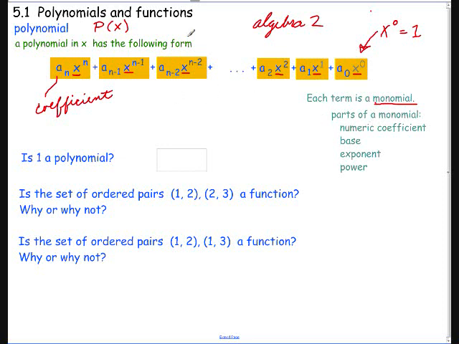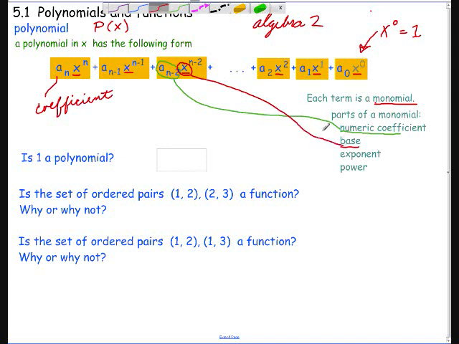The numeric coefficient, I think I'll go for different colors here. Let me pick on this one. Here's the numeric coefficient right there. Then we have the base, and here's the base right here. And then we have the exponent.